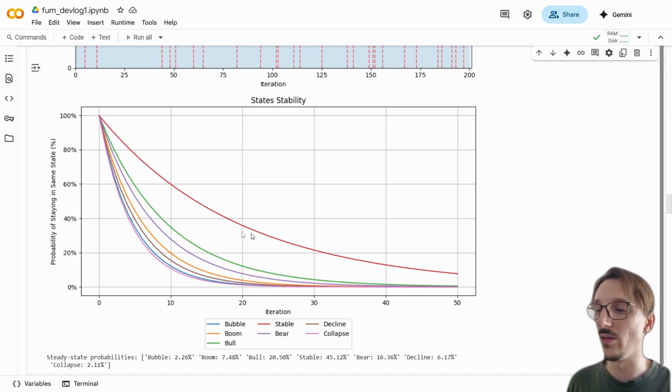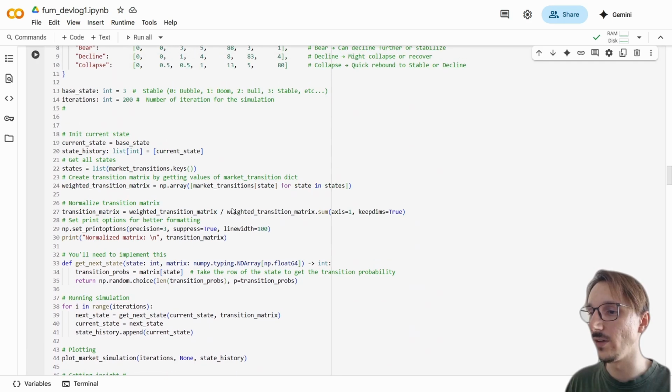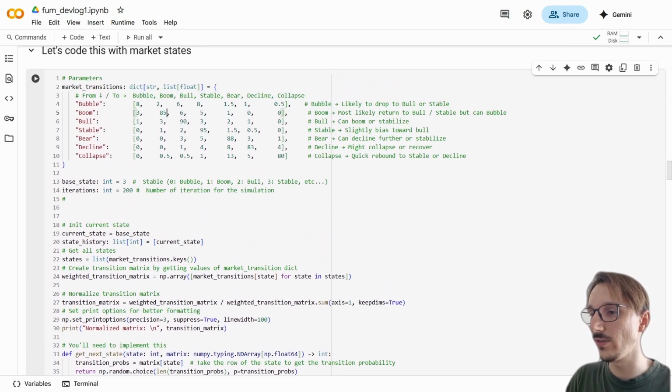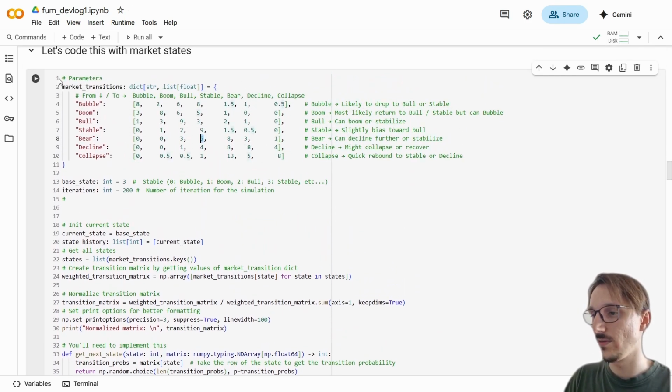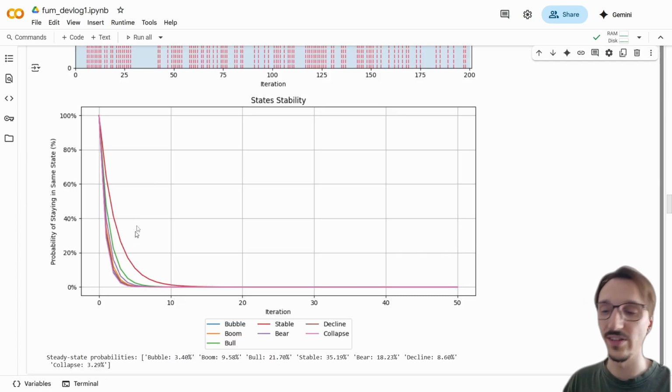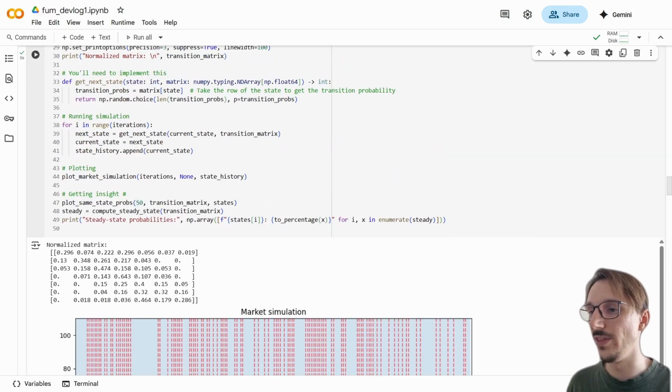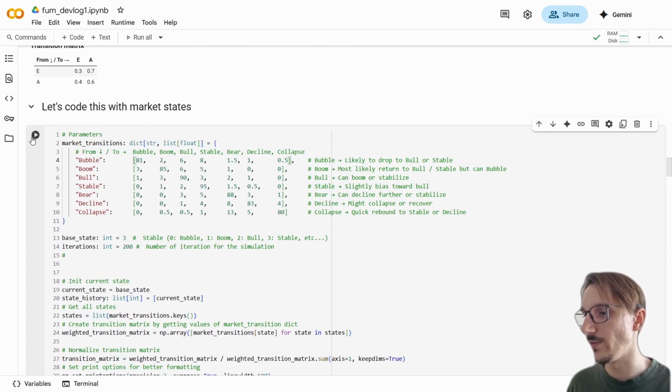And as you can see, the more unstable states are, the less chance they have to stay for a long time. We can put more stability in the transition matrix and see how it looks. If I do this and run it again, you can see that in this graph, all states are much more stable. Anyway, let's put that back to normal and run it again.